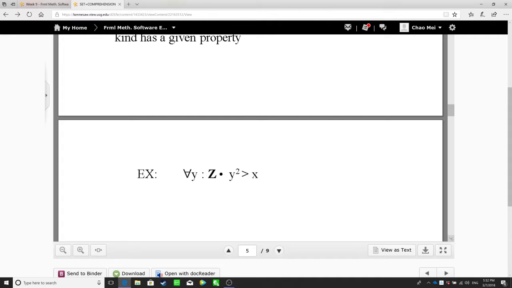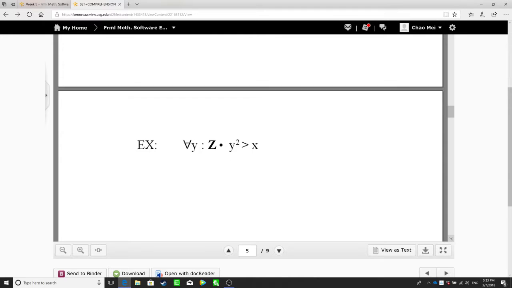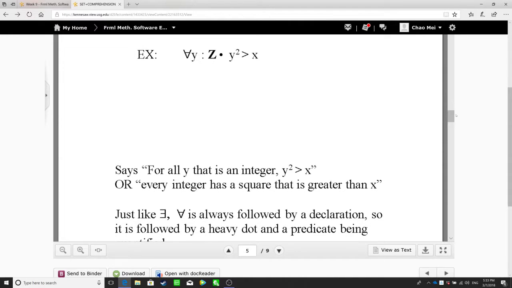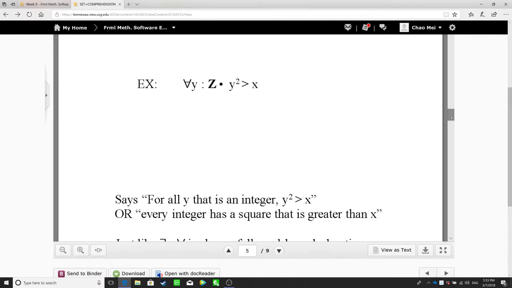Does that make sense to you? Yeah. So here, there's a translation: for all y that is an integer, y squared is greater than x, or every integer has a square that is greater than x.